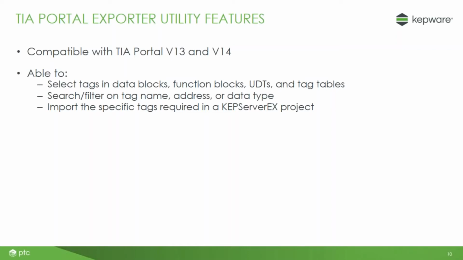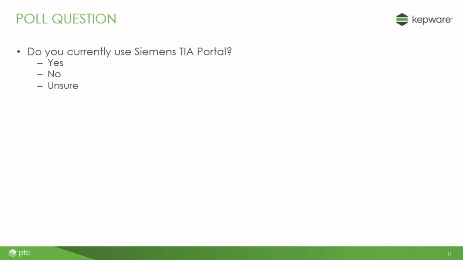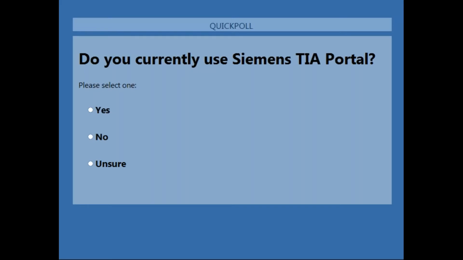And next up, I believe we have a poll question. And that poll is, do you currently use Siemens TIA Portal? We'll bring up that question for you to vote here. Great, so we have the poll open now. It should be up on your screen and you can click.